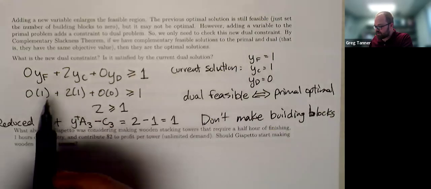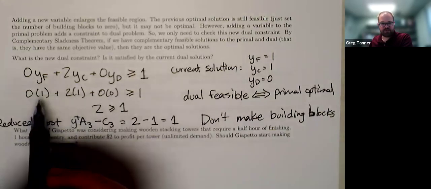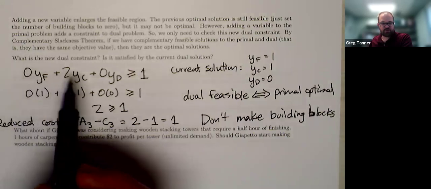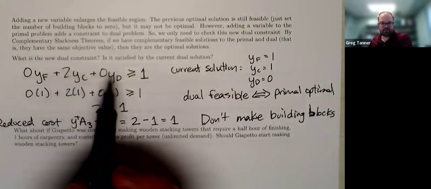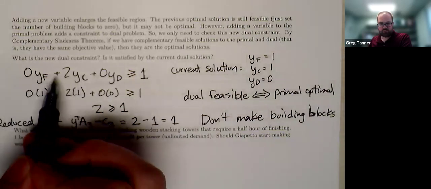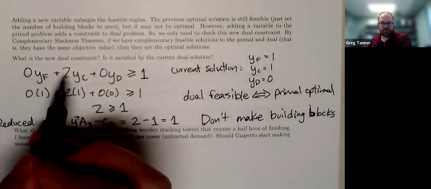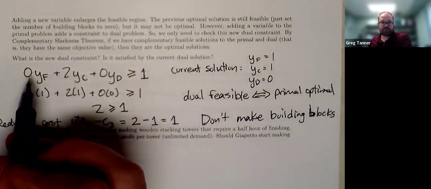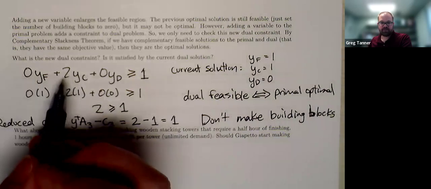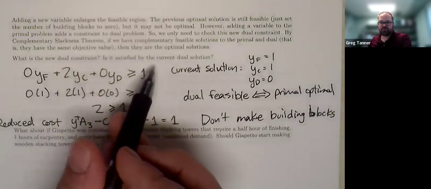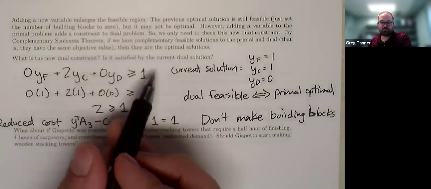But what you can do is look at the coefficients here of finishing, carpentry, and demand. As long as we assume demand is unlimited, you could think about redesigning these blocks in a way that might change these numbers. Essentially, I've got to either change the amount of work done so that these numbers become smaller, or I have to raise my prices and hopefully change this number for my profit.